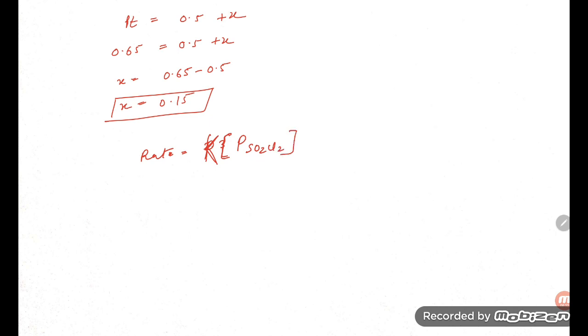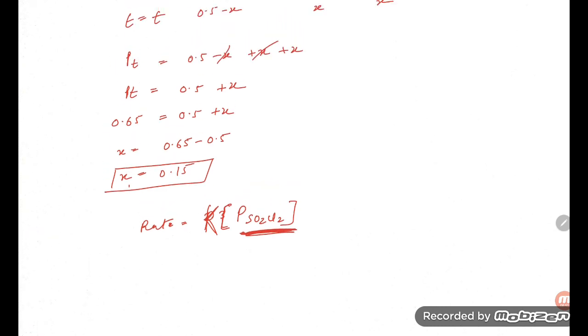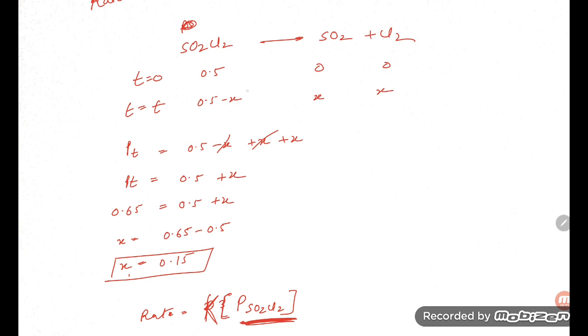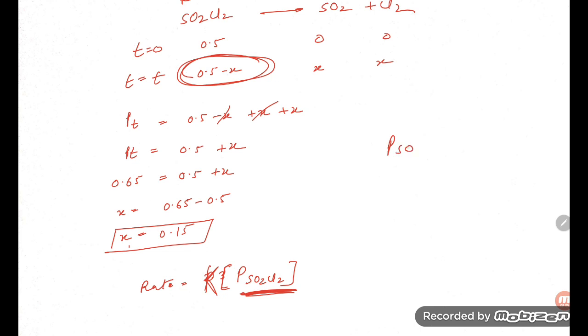So dear student, let us see what the value of this PSO2Cl2 is, because of the value of X. PSO2Cl2 is equal to 0.5 minus X. So 0.5 minus X, how much, student? 0.15. So it is going to be how much?